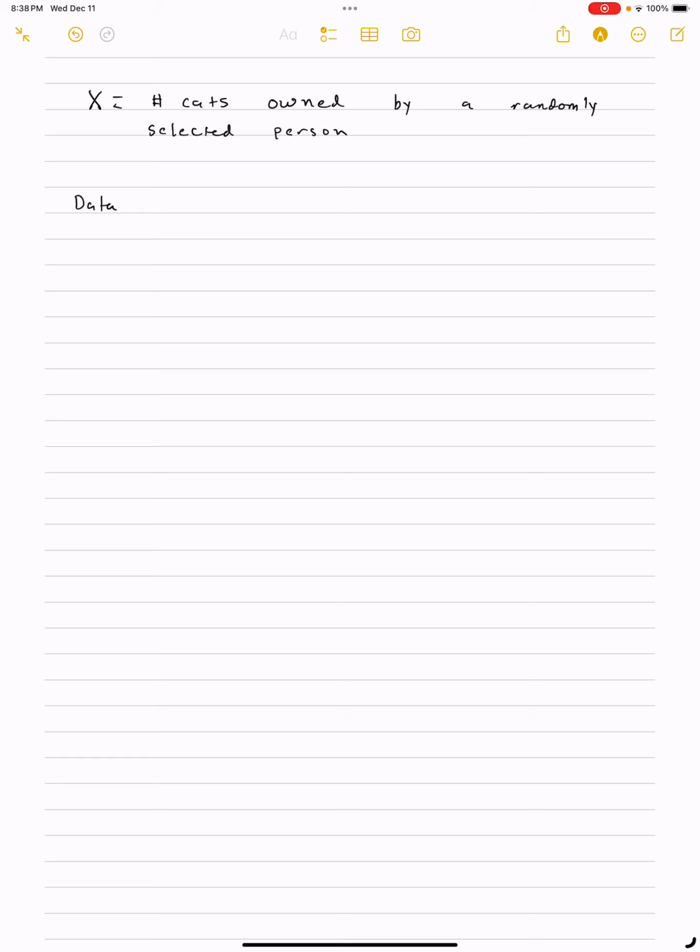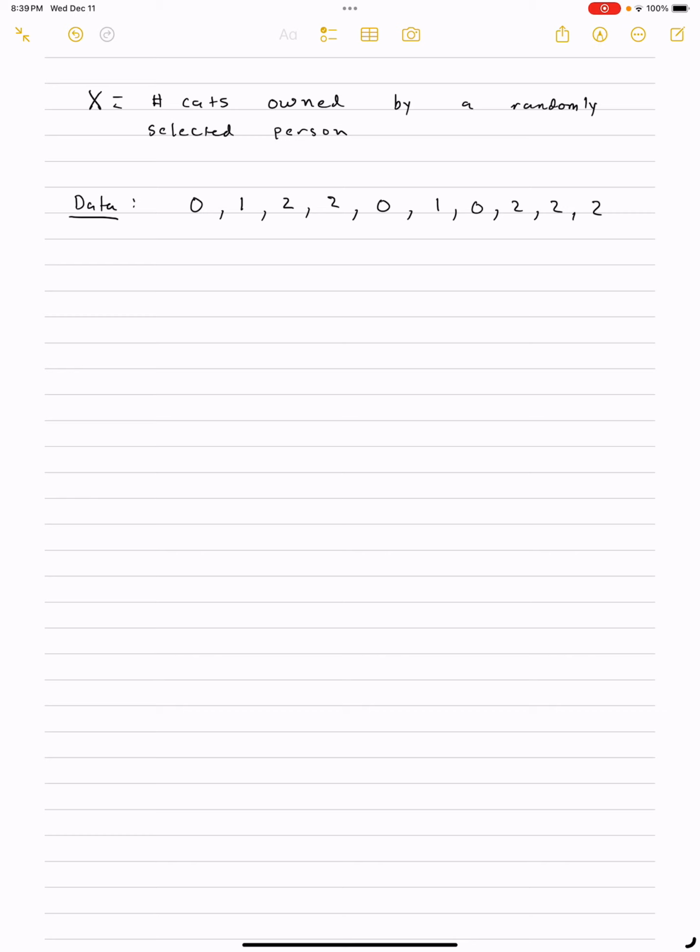So let's pretend that we collect data on this and that what comes back is 0, we have a 1, we have a 2, we have another 2, we have a 0, we have a 1, another 0, a 2, a 2, and finally we have another 2. So a lot of people with cats here.